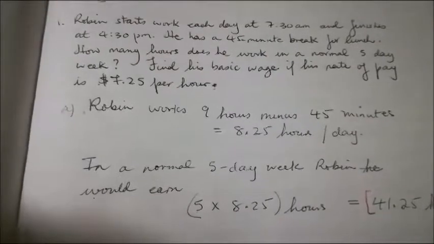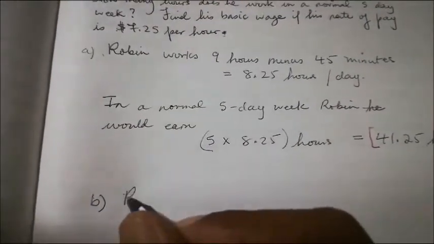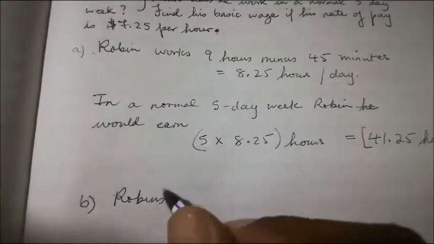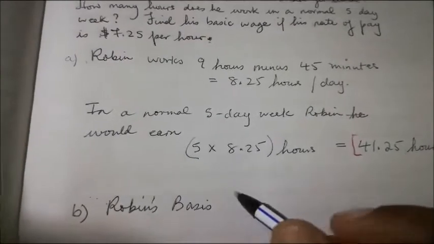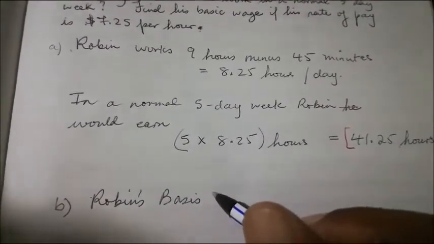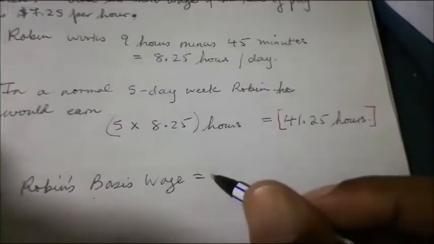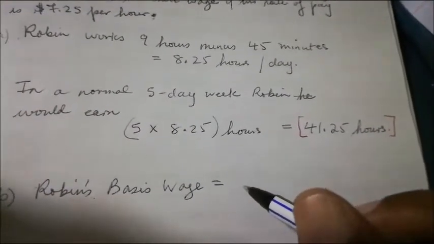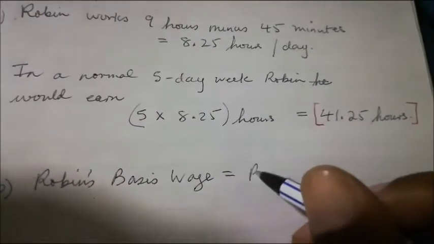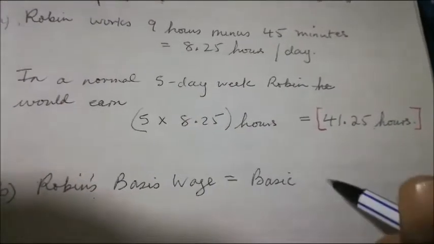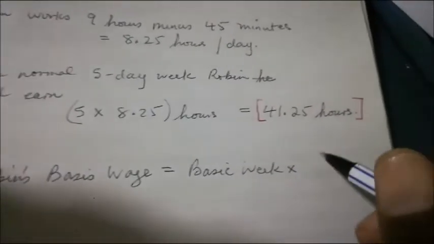So we have to go back to the formula now. So we can say Robin's basic wage is equal to the basic week multiplied by the basic rate.